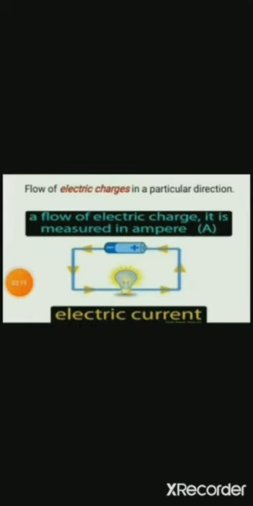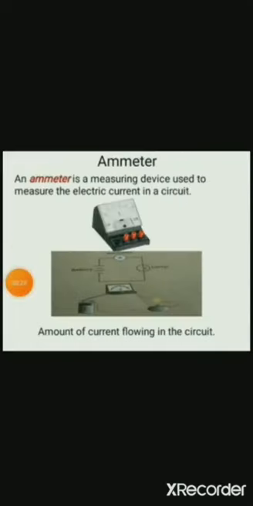A flow of electric charge in a particular direction is known as electric current. An ammeter is a measuring device used to measure the electric current in a circuit, the amount of current flowing in the circuit.